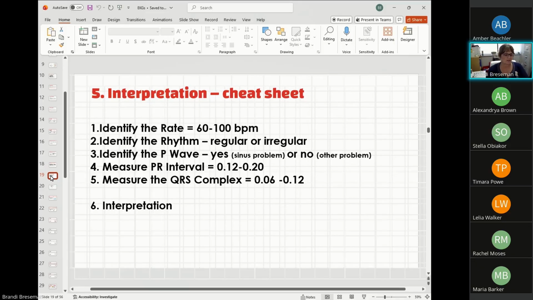On some of them I also had cause, like what causes it and then what's the treatment. My flashcards went with me everywhere. Those are actually newer ones at home. I didn't bring my old flashcards, but I had a stack like that and took them with me everywhere I went.